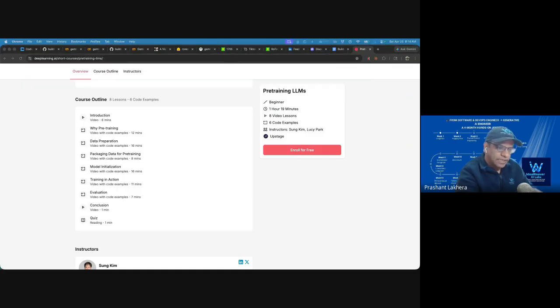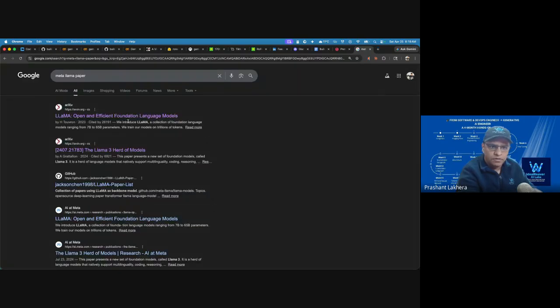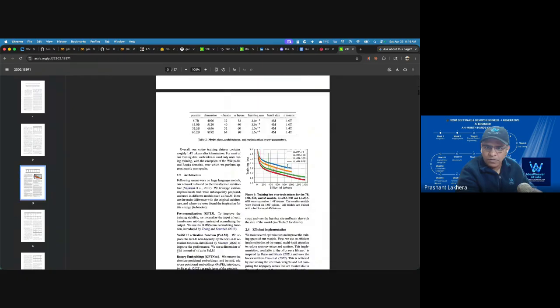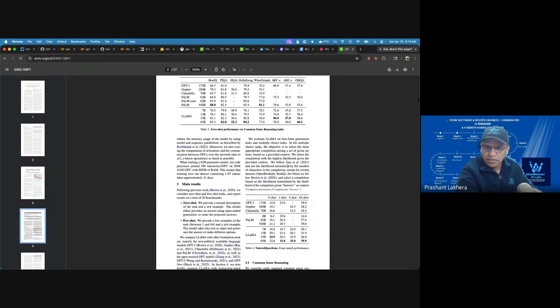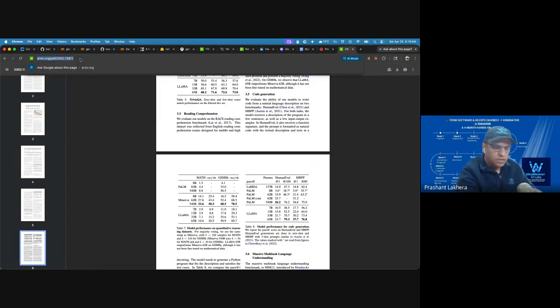But just to tell you, that is a field in itself. And what most of the companies are doing, for example, I can show you the Meta Llama paper. Where is that? Not this one.